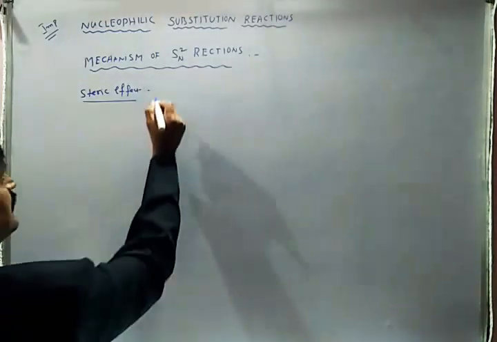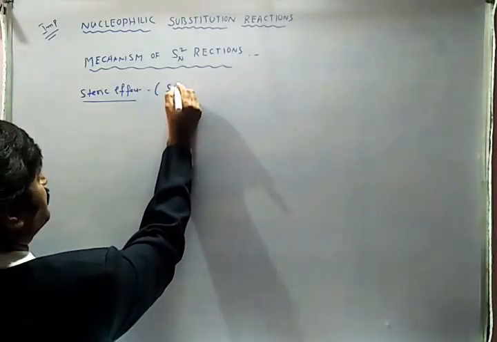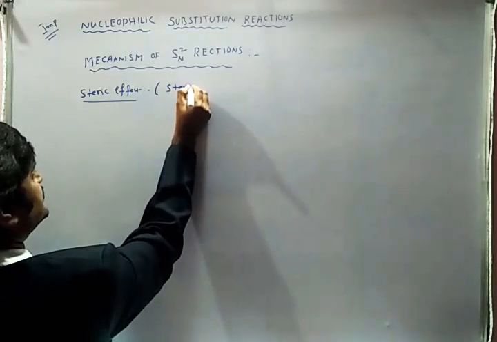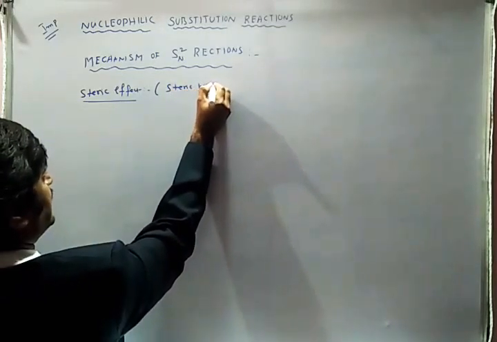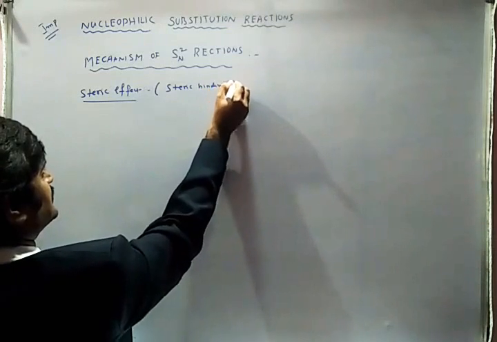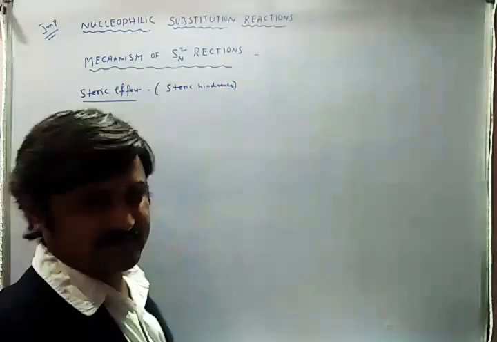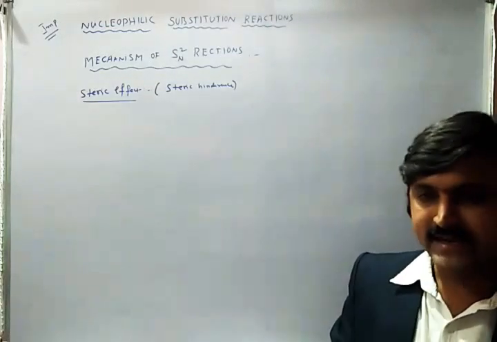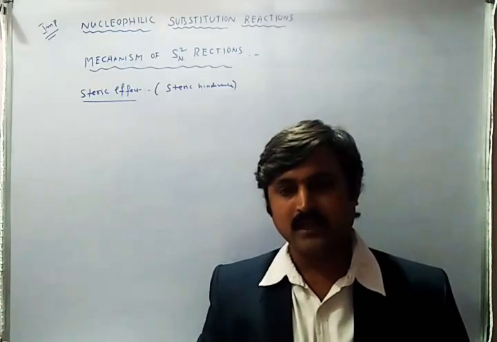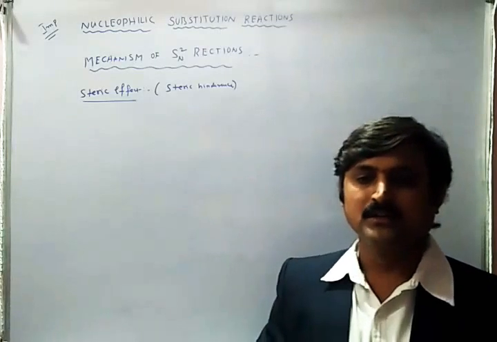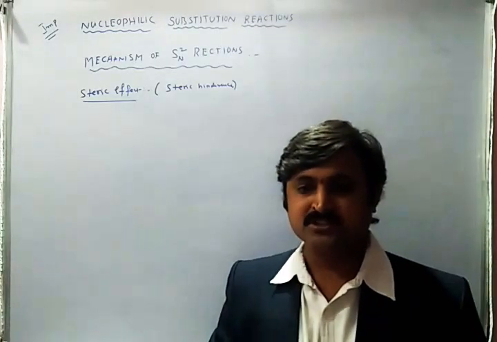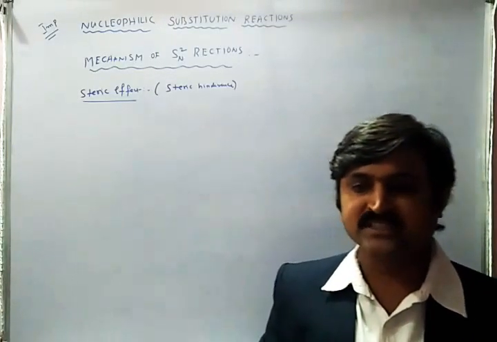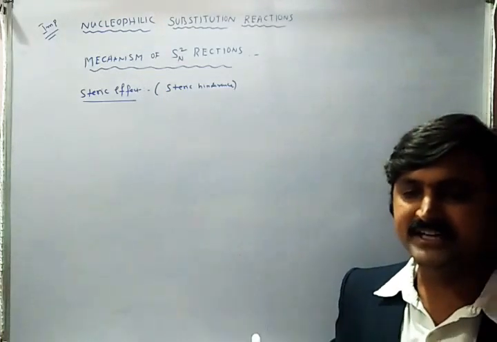So an important word here is steric hindrance. A steric effect definitely decreases the reactivity of the alkyl halide towards nucleophilic reactions. So steric hindrance results from groups getting in the way of the reaction site.